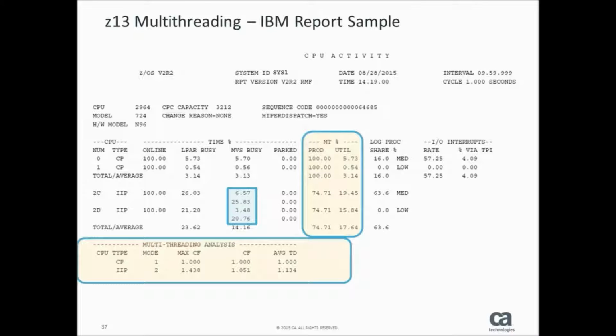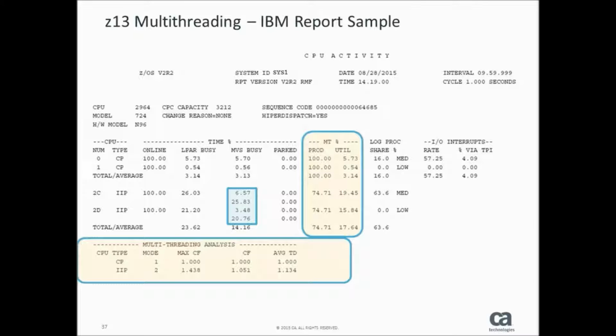Down here on multi-threading mode, you'll see a 1 or a 2. If it's multi-threading, you'll see a 2. This max CF is the max productivity that IBM has determined that you could squeeze out of zIIP processors, or each processor type, core types across all the cores.